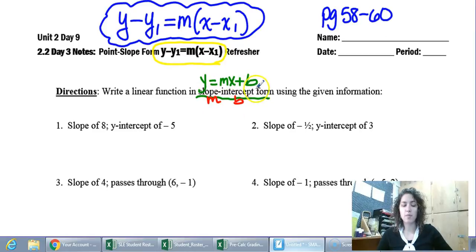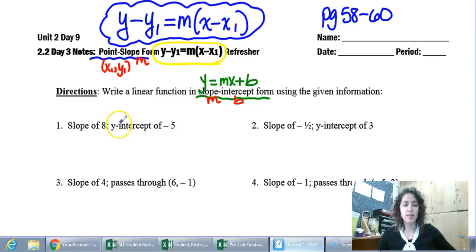See? mx plus b. Whereas if I look here at point slope form, that's going to have a point x1, y1, which will be some point on the line, and then slope m right here. So the name tells you exactly what the equation contains.